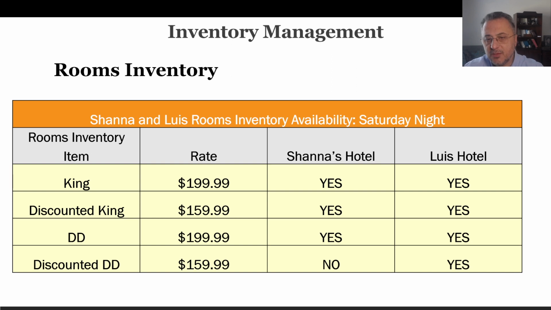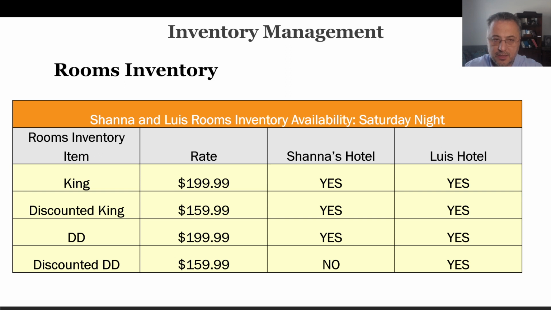Now, just to give you another example, referring to the earlier example, if you look at their availability, we can see that Shana eliminated the discount rate for the DD room. In this case, the king room rack rate is most likely without discount, basically $199.99. Discounted king was $159.99.